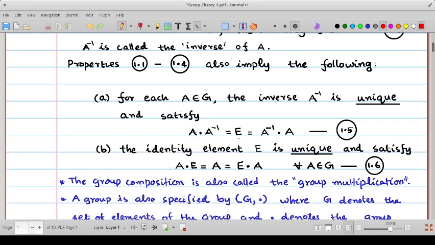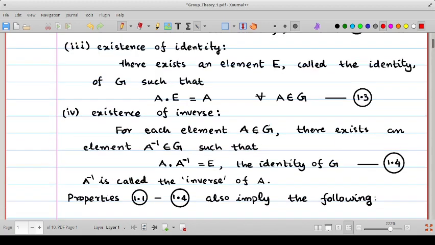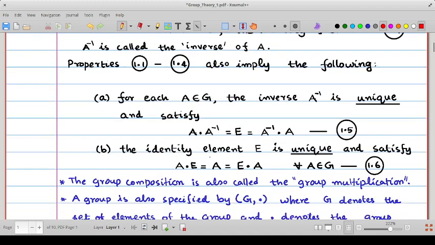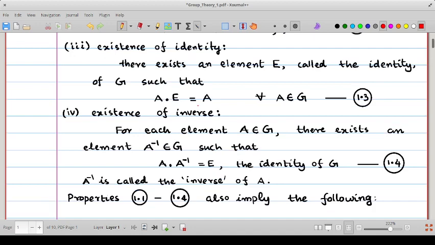A composition A inverse is E, which was the same thing as equation 1.4, but these four properties together also imply that A inverse composition A is also the identity element E. And secondly, the identity element E is unique and satisfies A composition E is A, which is the same as equation 1.3.